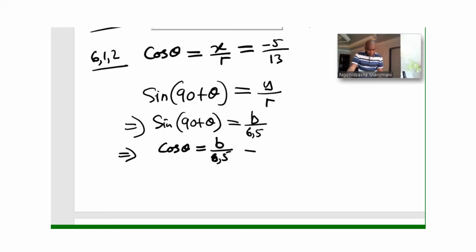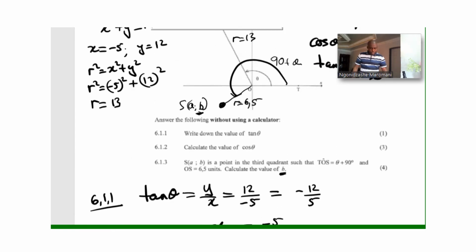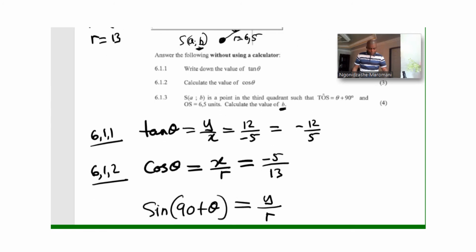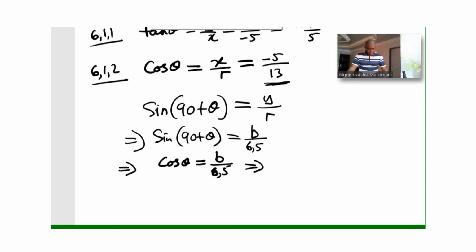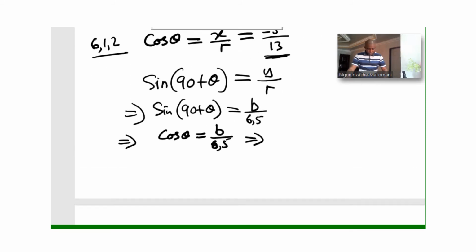Going back here, we have already calculated what cos theta is. We said cos theta is equals to minus 5 over 13. So cos theta, minus 5 over 13, is equals to B over 6.5.